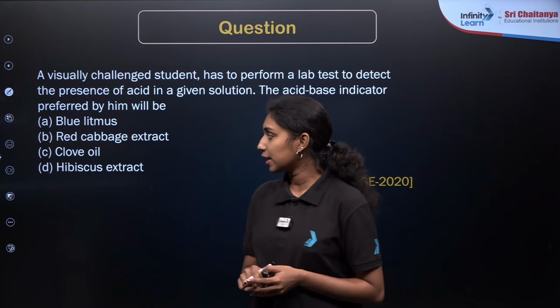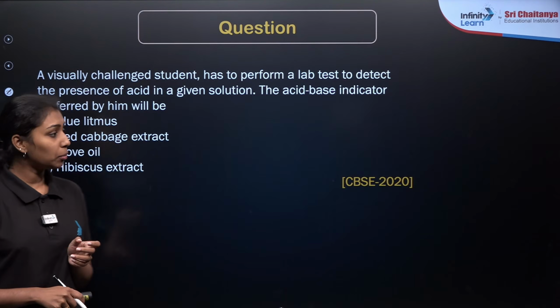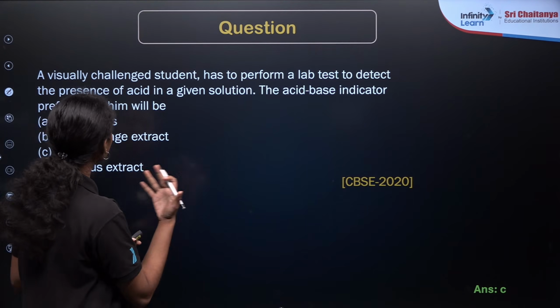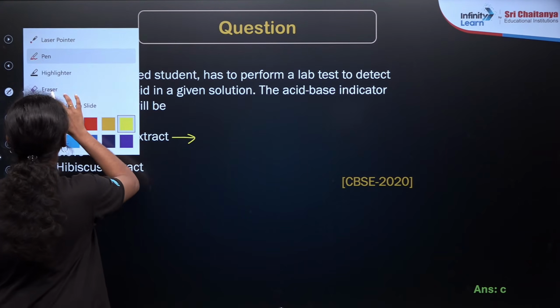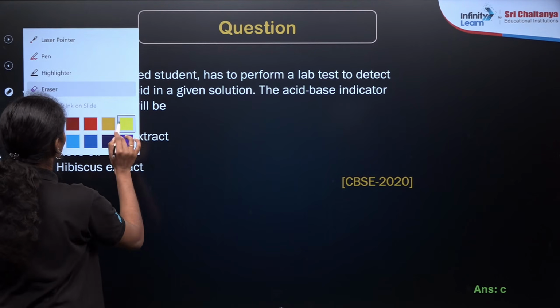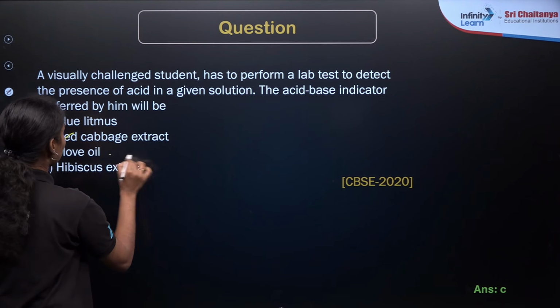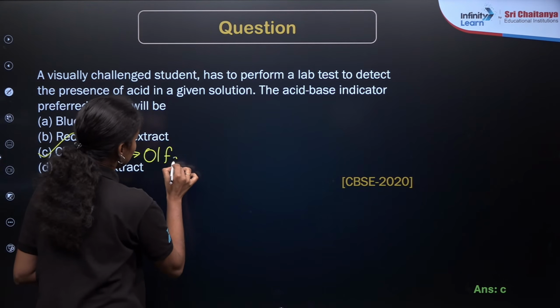Yes, option C will be the correct answer, right? These are examples of olfactory indicators. If you have any difficulty in vision, it will be easy to identify by using olfactory indicators. So option C is correct because this is an olfactory indicator.